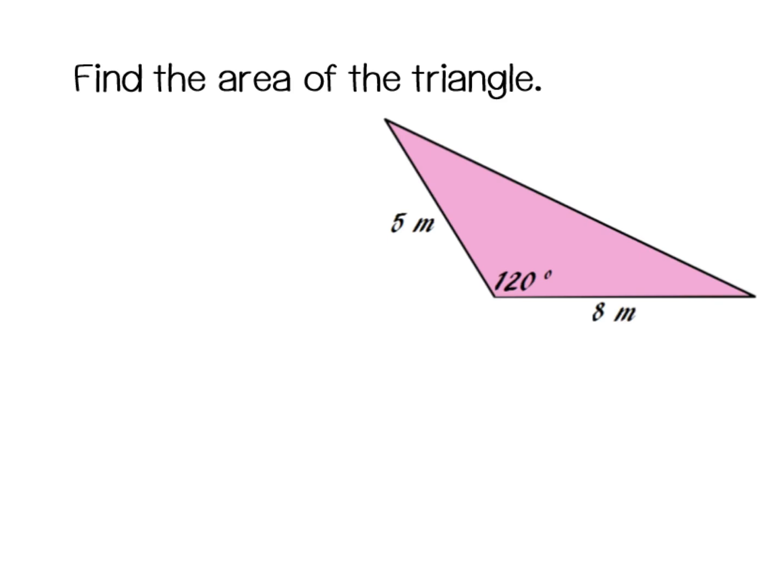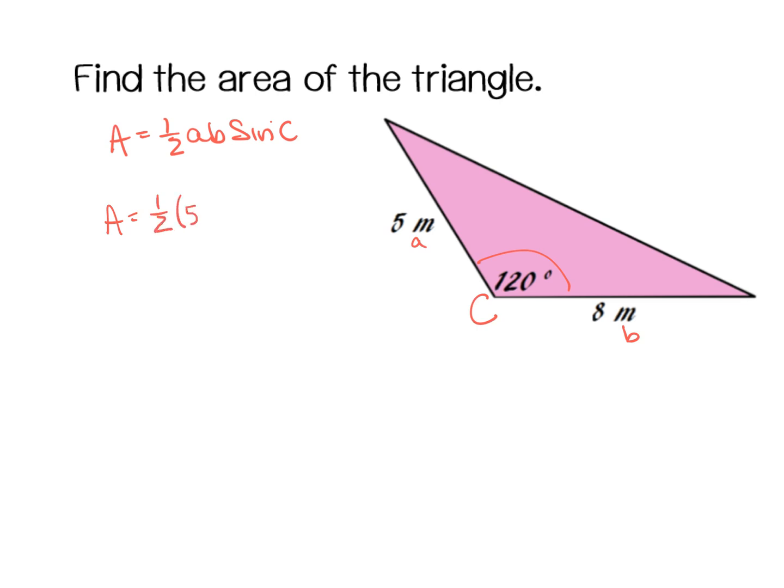So for our first example here, I'm going to write out our formula: area is 1/2 ab times the sine of C. All right, so C is my included angle, which is right here. My other two sides are A and B. It doesn't matter which one you call A and which one you call B, because remember, multiplication is commutative. So we have area equals 1/2.